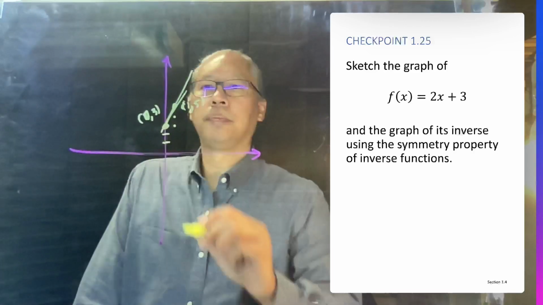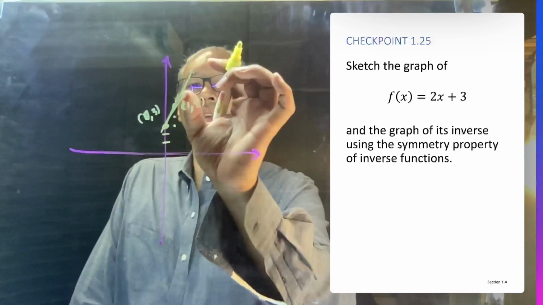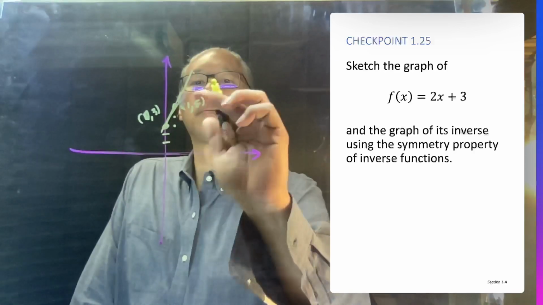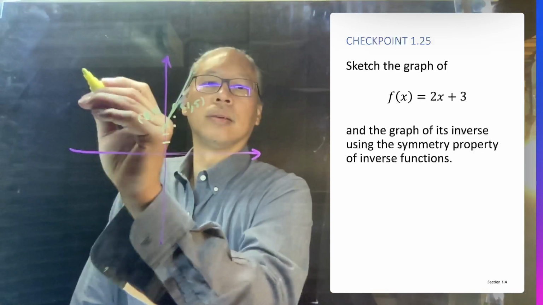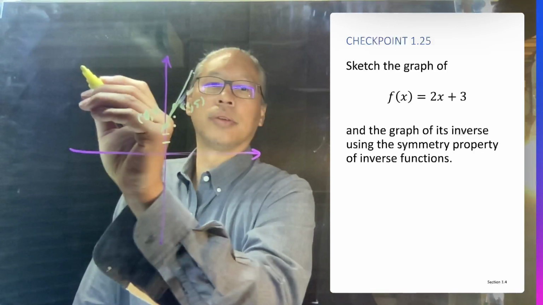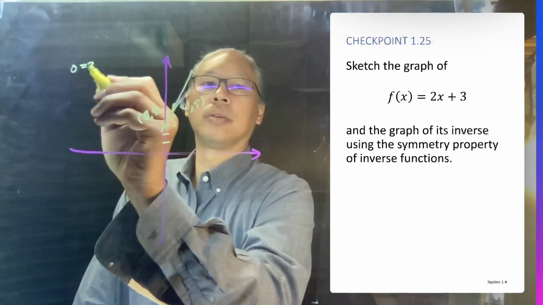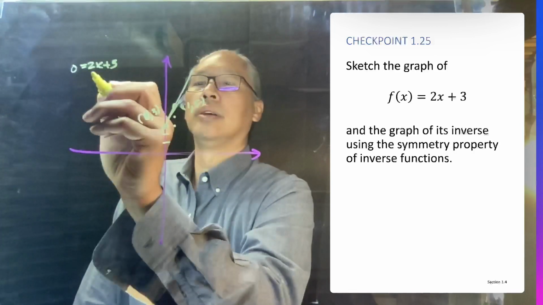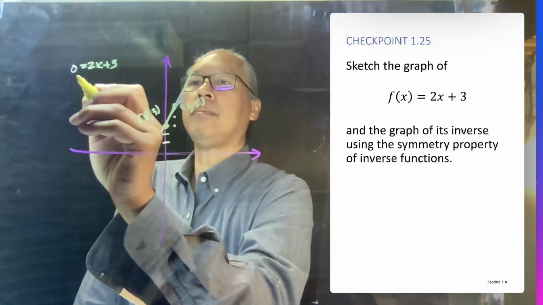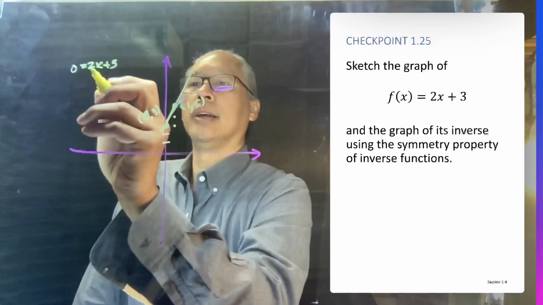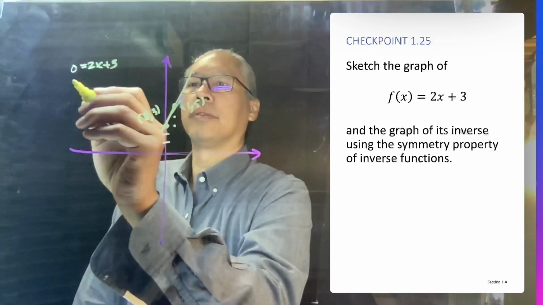We could also figure out the x-intercept. Let's do that off to the side here by setting y equal to 0. So 0 is equal to 2x plus 3. That's a negative 3, and divide by 2, so a negative 3 halves.